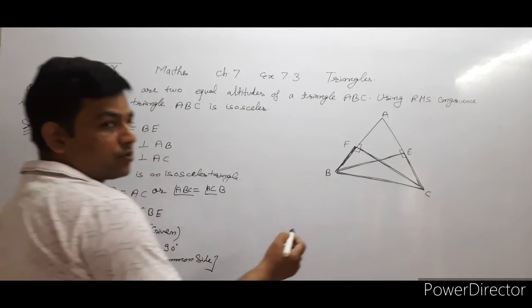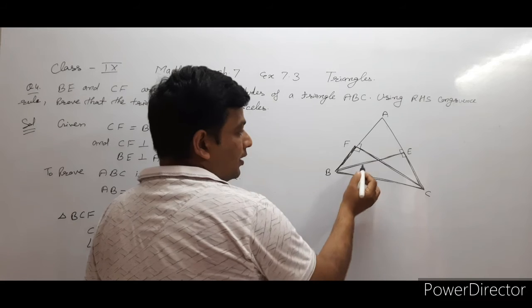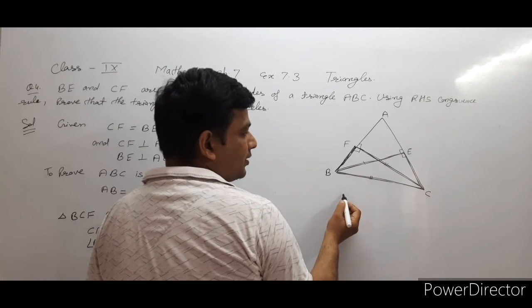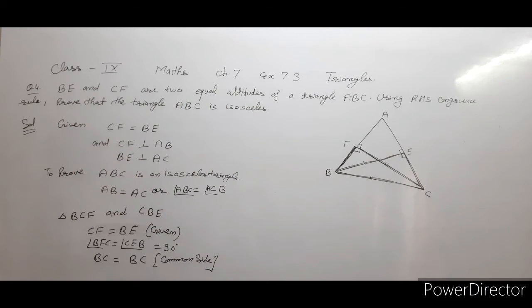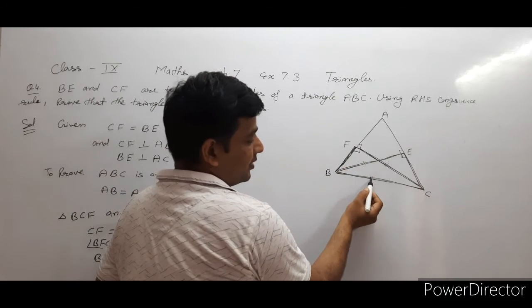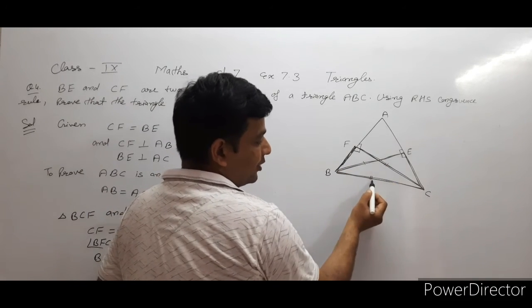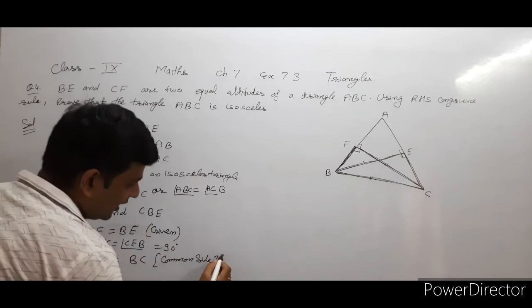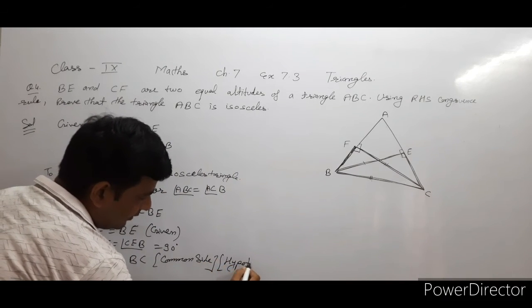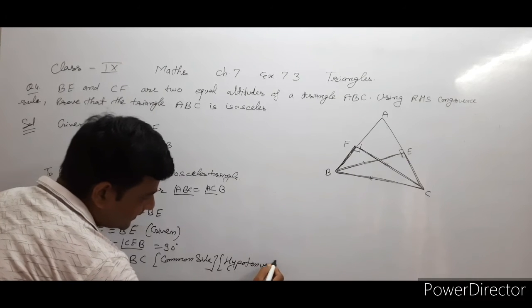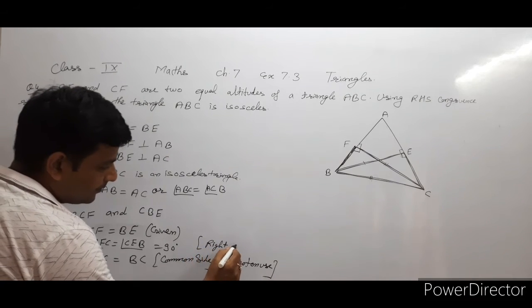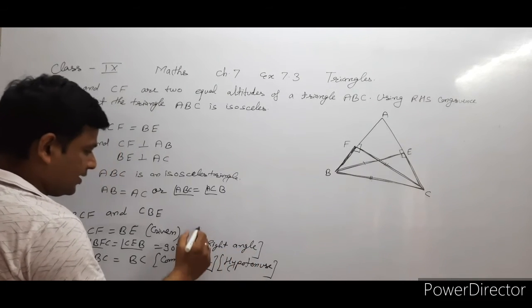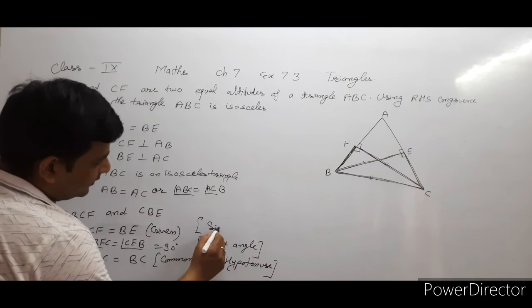Now BC is equal to BC, this side is equal to this side, and this is 90 degrees, this is 90 degrees. That means by RHS property, because opposite the 90 degrees is the hypotenuse, BC is the hypotenuse, this is the right angle, and this is any side.